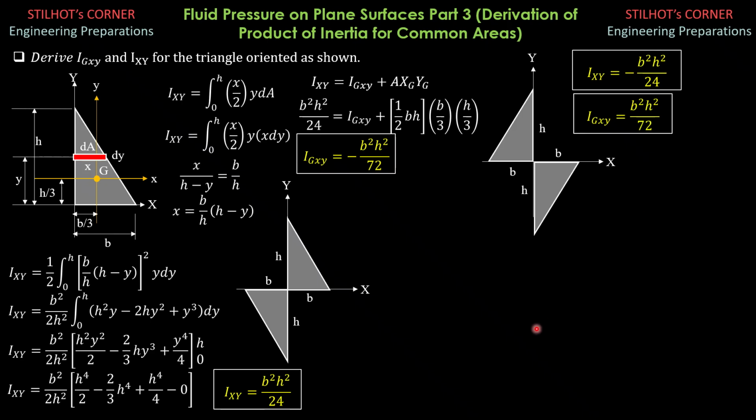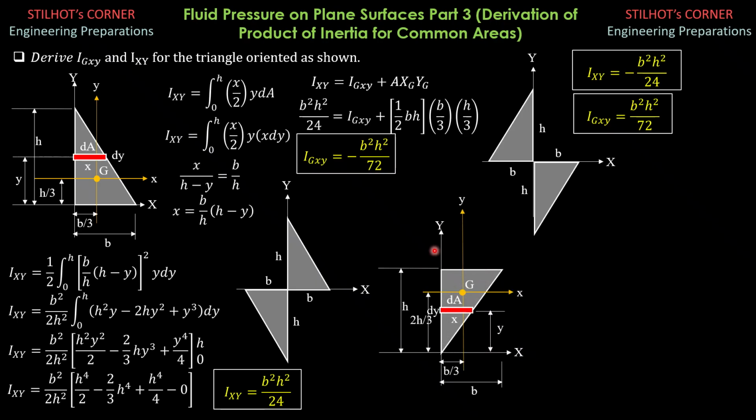So next would be, what if the triangle is oriented as shown, like this one. So same strip, horizontal strip. This time the length of the strip is still x, but the centroidal x coordinate would be x over 2. The centroidal y coordinate would still be y.